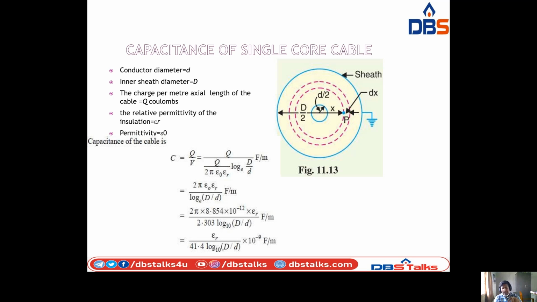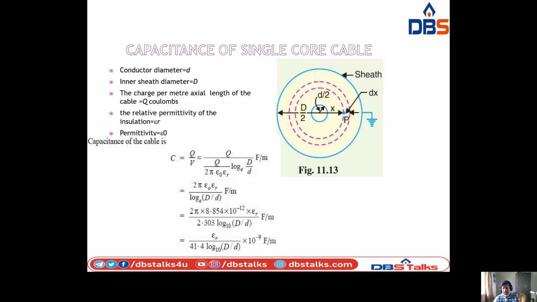Now calculating all the constants with a calculator, we get the capacitance of a single core cable as epsilon r by 41.4 log base 10 capital D by small d into 10 power minus 9 farad per meter.